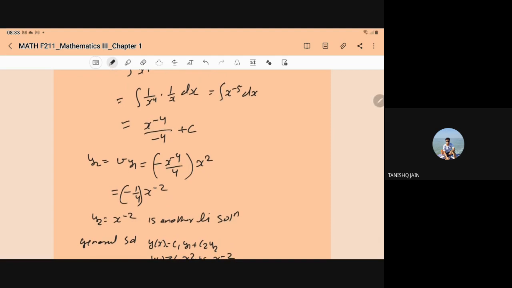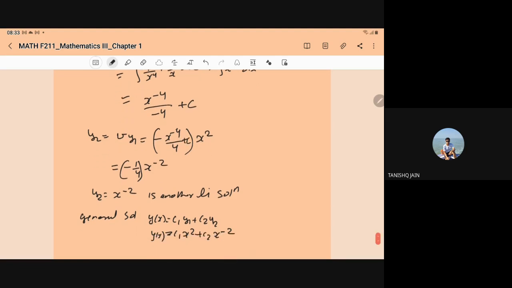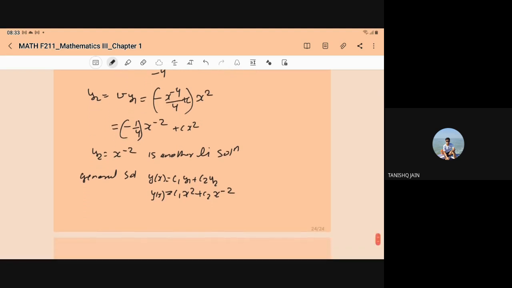Actually, when we write it here, by chance, it will come plus c x square. For a moment, assume that it will come plus c x square. So when we add, it will give you c1 x square plus c2 x to the power minus 2 plus c x square.